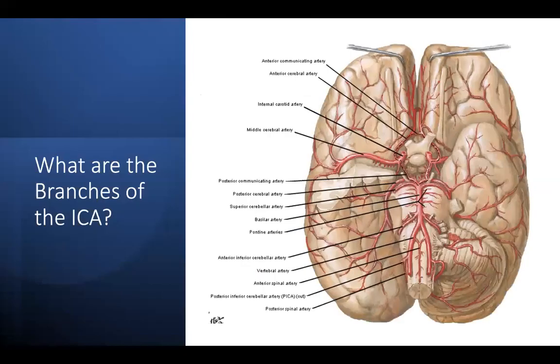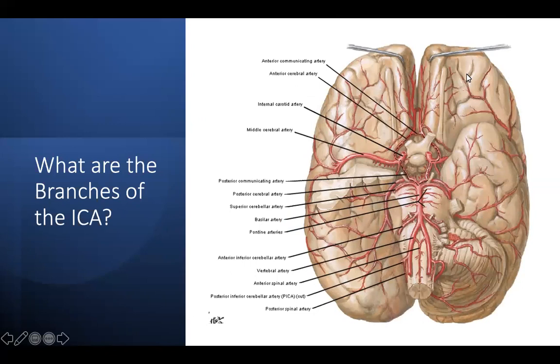Now, what are the branches of the internal carotid artery? Let's focus on anterior circulation now. What comes off from the internal carotid? Middle cerebral. The middle cerebral. Okay, what else? Posterior communicating. Posterior communicating, correct. What else?